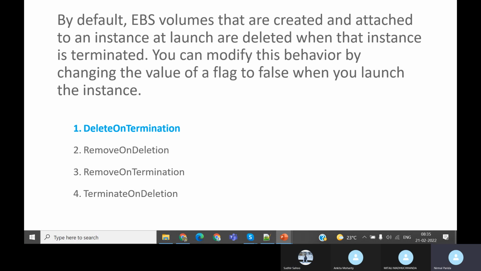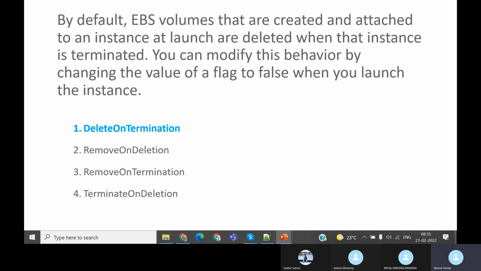Delete on termination. This is actually automatically selected by AWS while you are creating an EC2 instance, and when you terminate your EC2 instance, your EBS volume will be deleted automatically if this option is on.